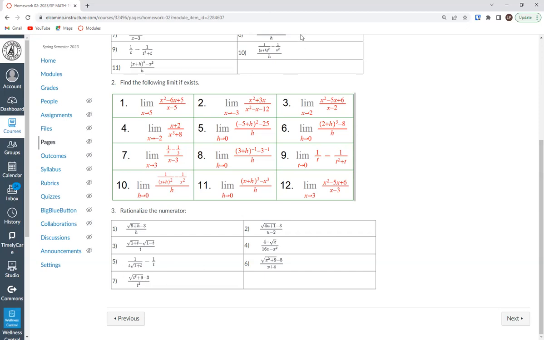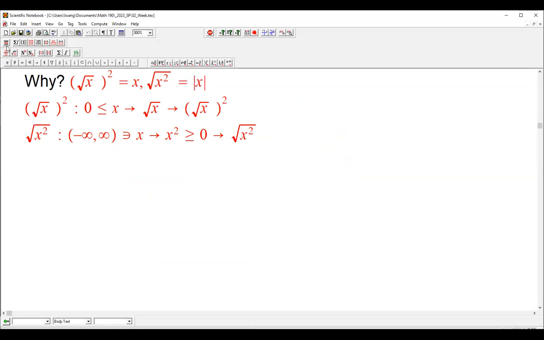But if we take a closer look as we start working on it, we actually see we have 1 over t minus 1 over the square root of 1 plus t. Let me see if I copied that question correctly.